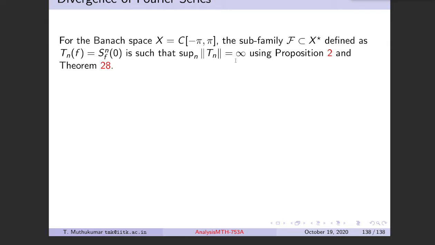Either you use the uniform boundedness principle the way we have done in one of the previous lectures, and the consequence of that is the Banach-Steinhaus theorem, which tells you that when you have pointwise boundedness, then there is uniform boundedness under some condition. So we are going to use that result. Okay. So you take this subcollection of all Tn such that the supremum over n of norm Tn is equal to infinity.